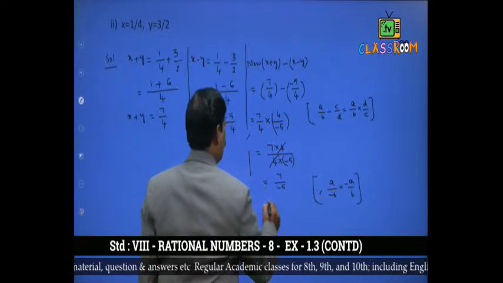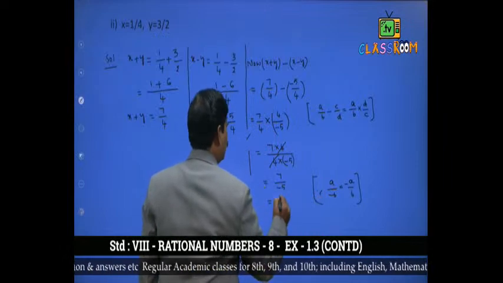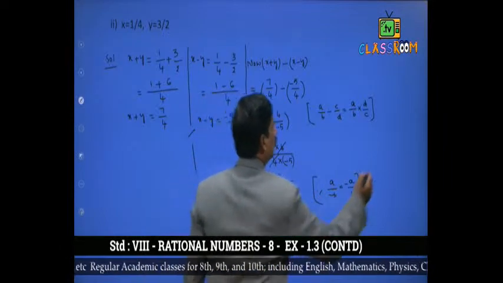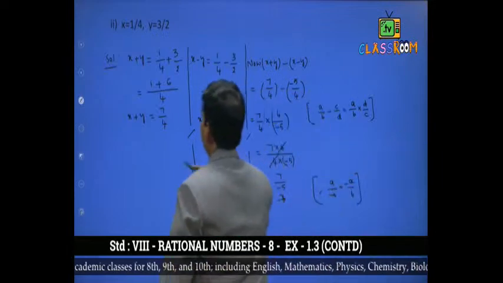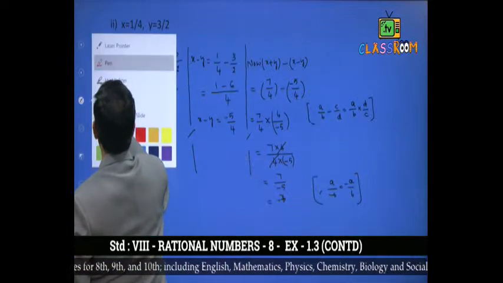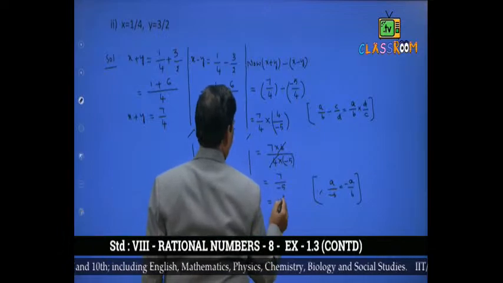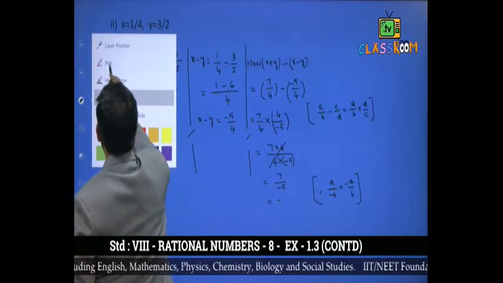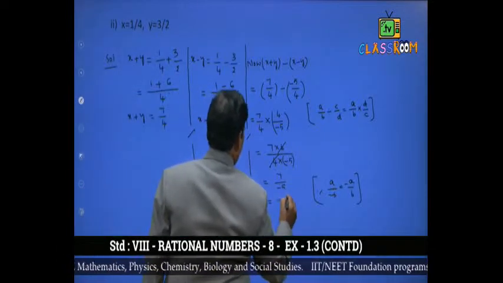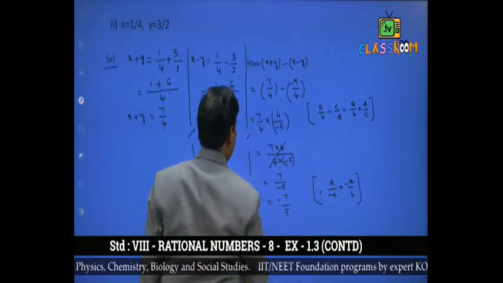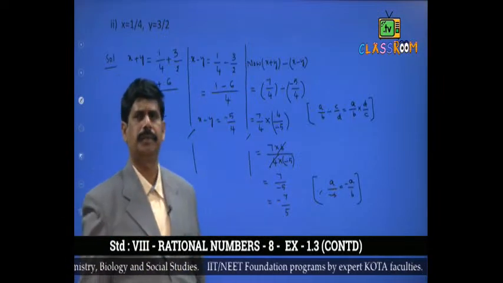So according to that, this will be minus 7 by 5. That's all. That is the question.